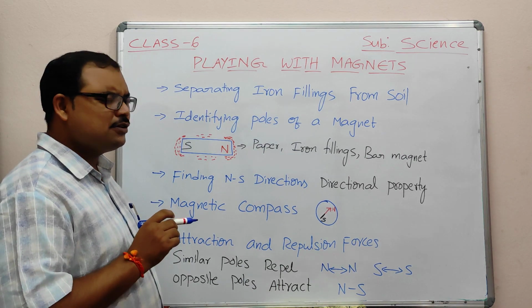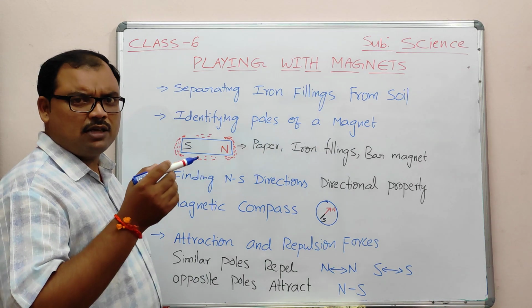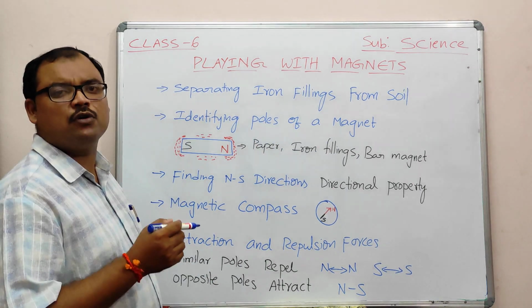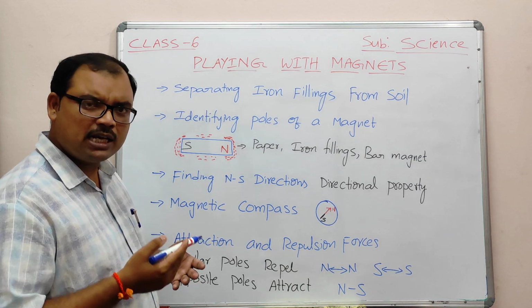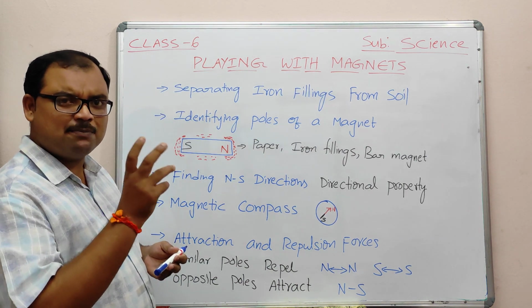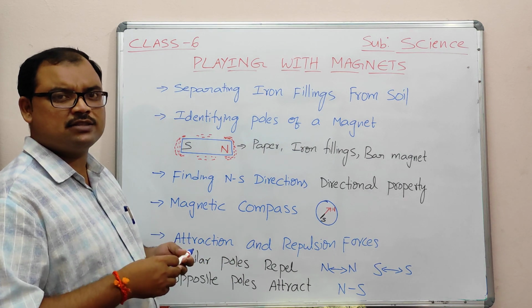So we also discussed in the last session how some materials can be turned into magnets, so-called magnetic materials, and what are called non-magnetic materials, and what are the different shapes of magnets, where we use those magnets.